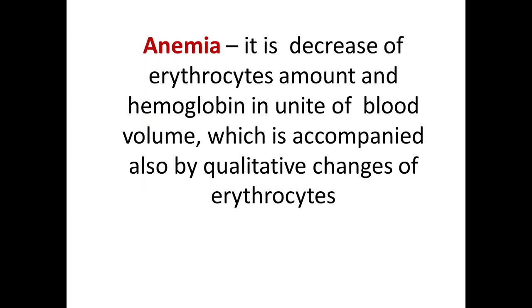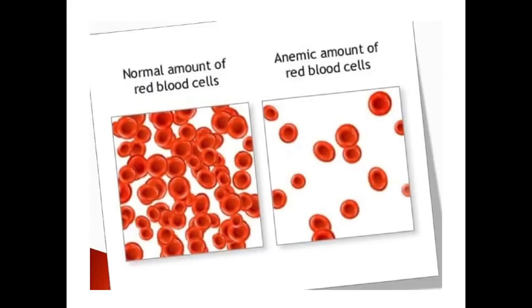So we can say that anemia is the quantitative and qualitative changes of erythrocytes. And here you can see the picture of the normal amount of red blood cells in peripheral blood and the anemic amount of red blood cells.